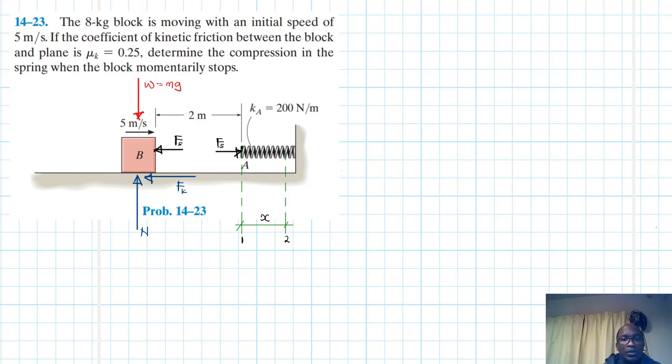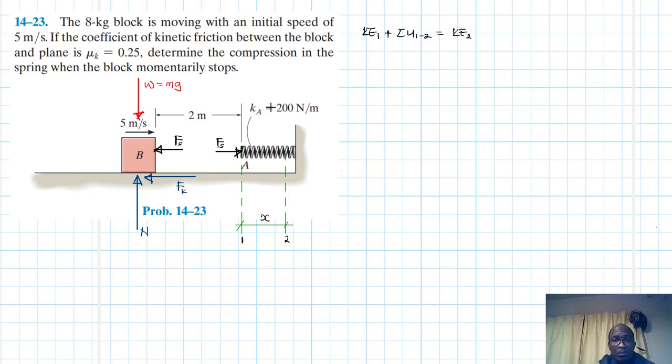Initial kinetic energy plus the total work from 1 to 2 is equal to the final kinetic energy.